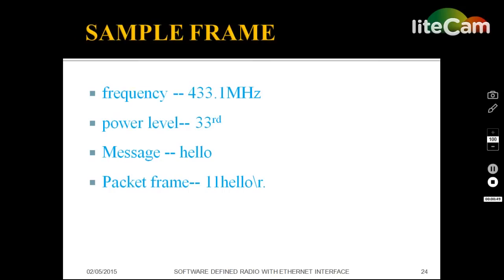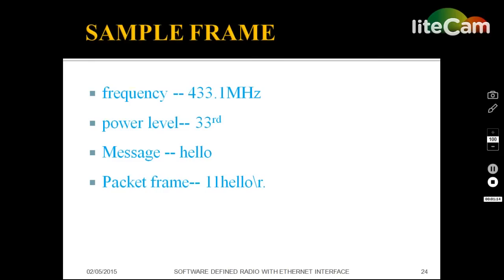Sample frame: if we take the frequency as 433.1 megahertz, the power level as 33, and the message as hello, then the packet frame we have created is 1 hello \r. The first letter, 1, corresponds to the frequency value 433.1 megahertz. If you choose 433.3 megahertz, then the number will be 2.